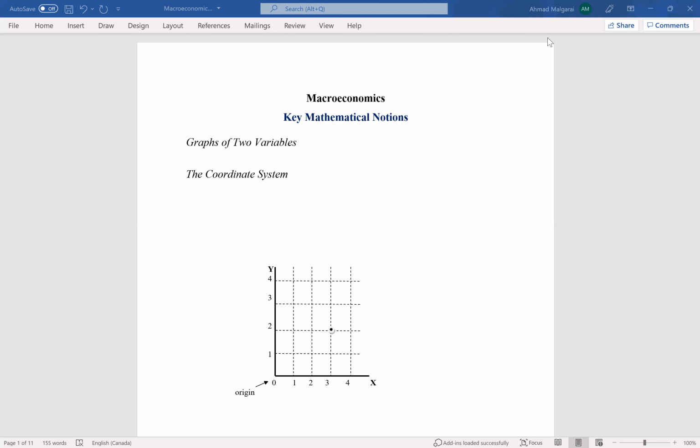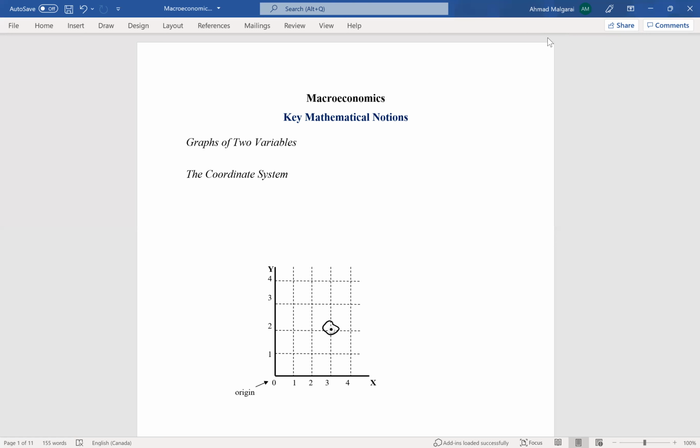If you see this graph, we have the x-axis and we have the y-axis. And also we have 0, which is the origin. By looking at this dot that we have right here, you can select any dot anywhere, but just for the sake of simplicity, I choose this dot.